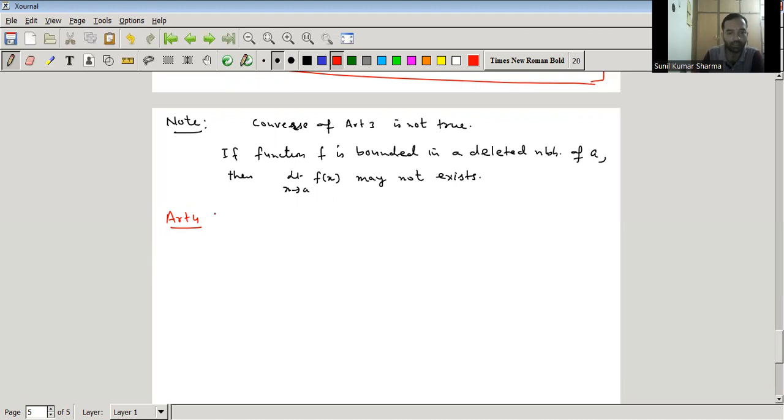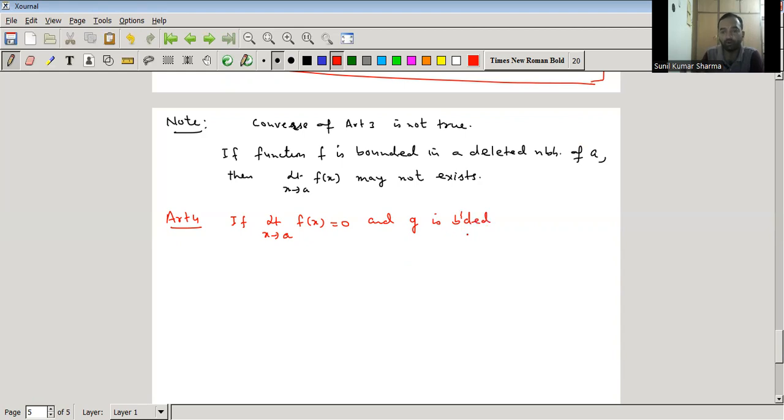This is Article 4. What is this? If limit x goes to a, f of x is equal to 0, that is, a function has limit 0 at a point a, and we have another function g, and g is bounded. So what is the definition of bounded?